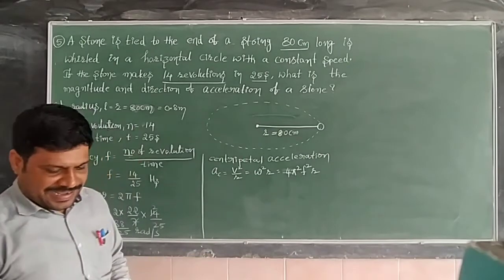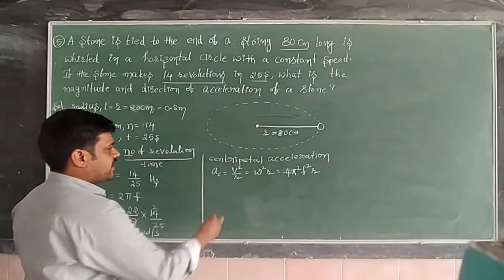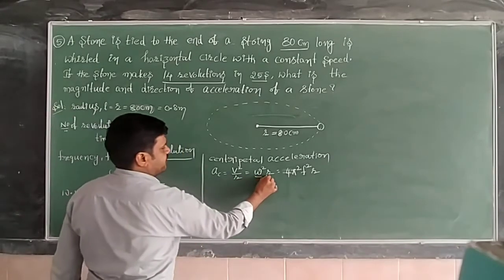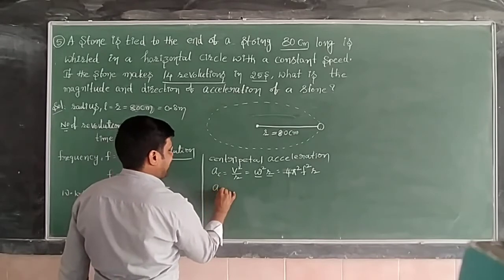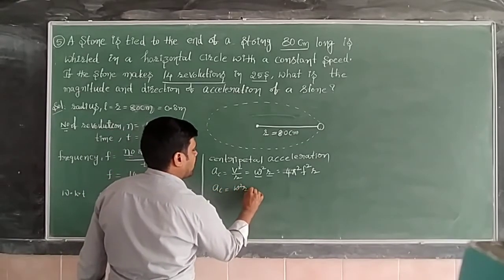This is also one of the formulas for centripetal acceleration. Since omega is 2 pi f, if you substitute, you get 4 pi square f square into r. Here we know the angular velocity and radius, so from these two we can find the centripetal acceleration, which is omega square into r.